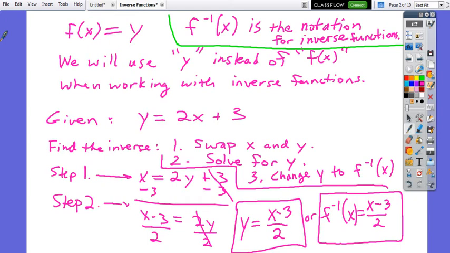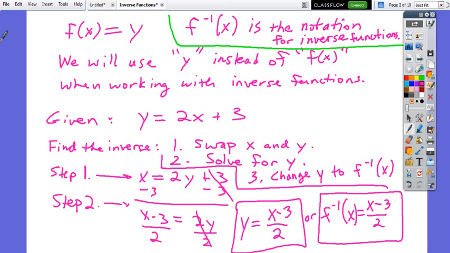But when it comes to finding the inverse of a function, we're going to use y instead of f of x. You should know that f of x is equal to y. So we will use y instead of f of x when working with inverse functions.